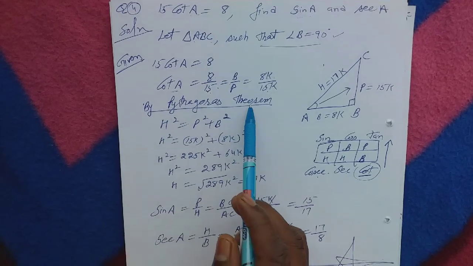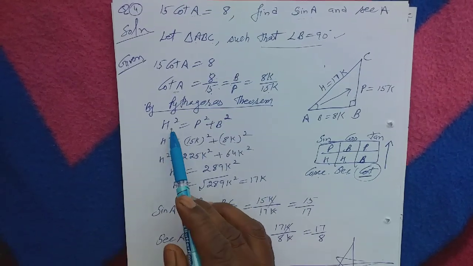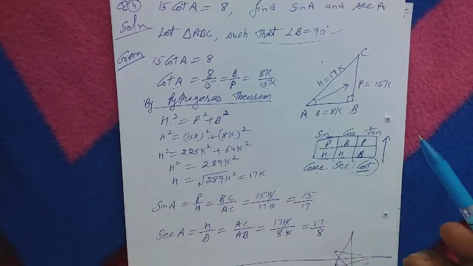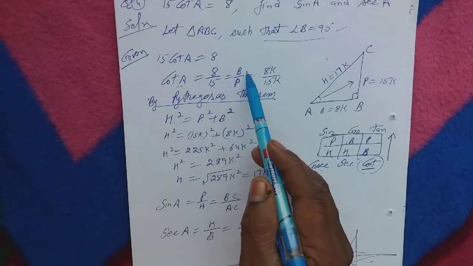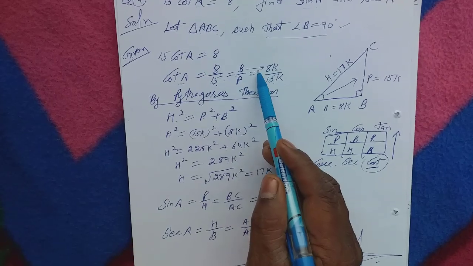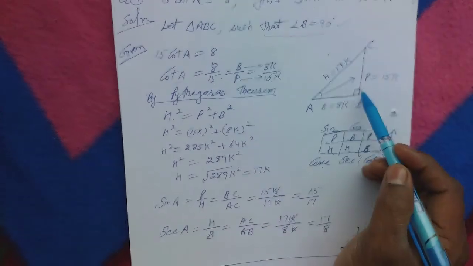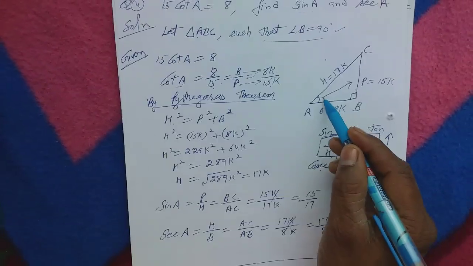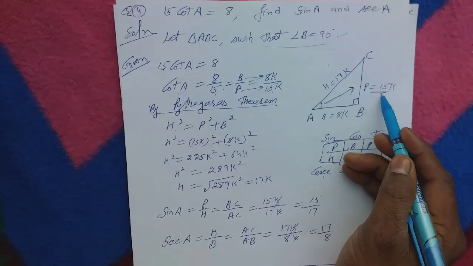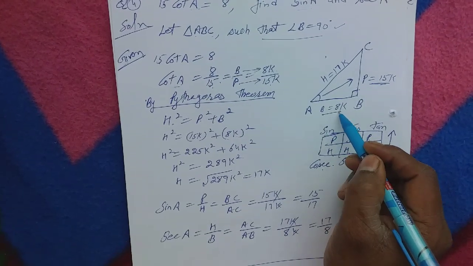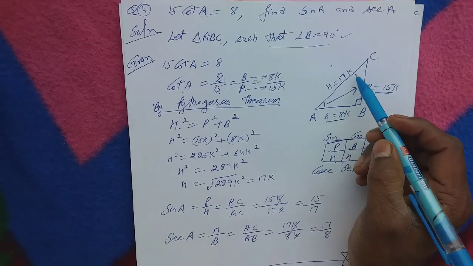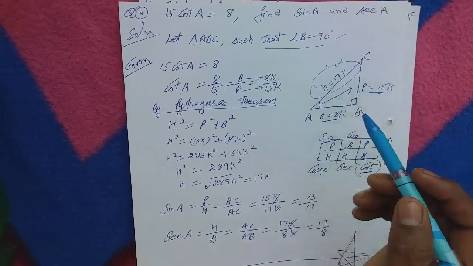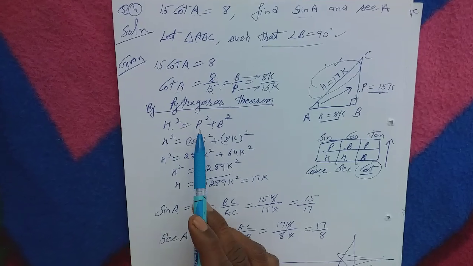So by the Pythagoras theorem, we know H square equals P square plus B square. Here the base is 8k and the perpendicular is 15k. The angle is A, so opposite to A is the perpendicular and its adjacent side is the base. Two sides are given, so the hypotenuse is left. So H square equals P square plus B square.